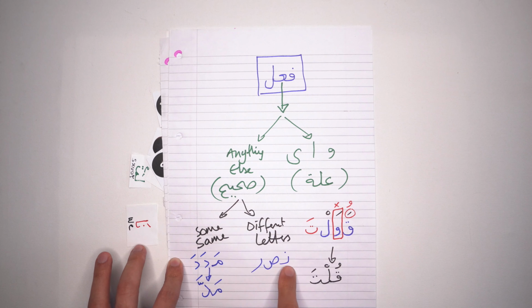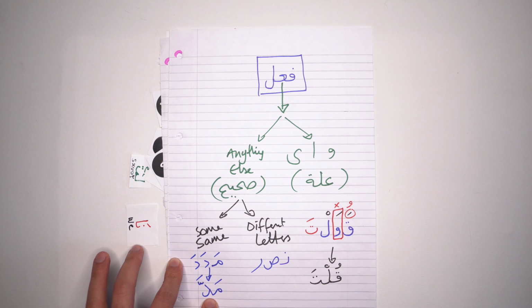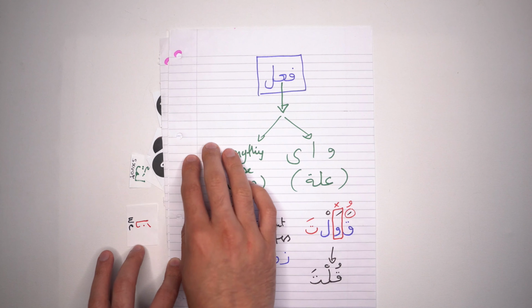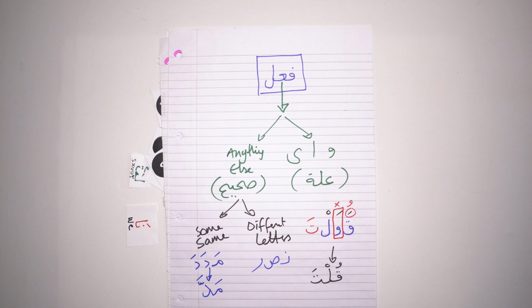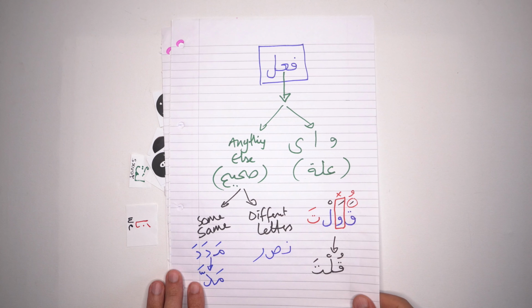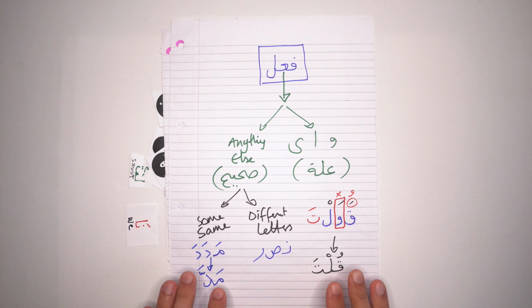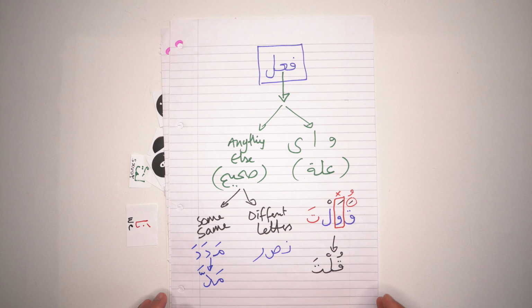They can be totally different letters like nasara, or some can be the same, like madada into madda. There are a few others like mahmuz, which I'll list later. At the moment, all I want to focus on is how we construct and understand changes in these verbs.